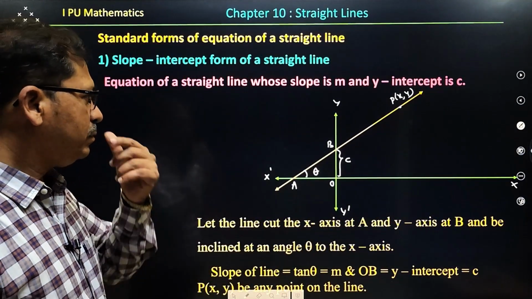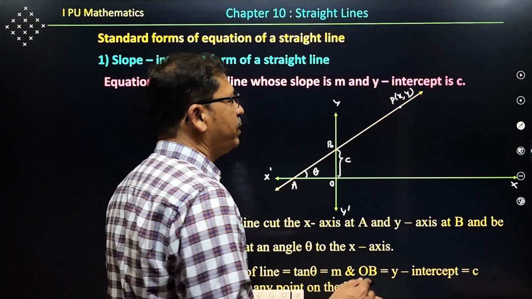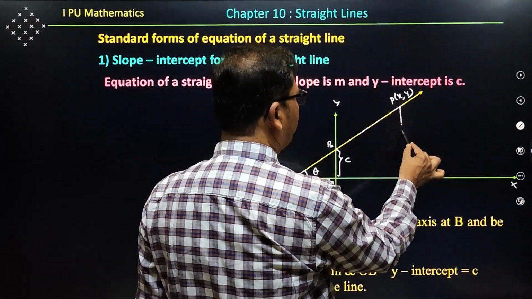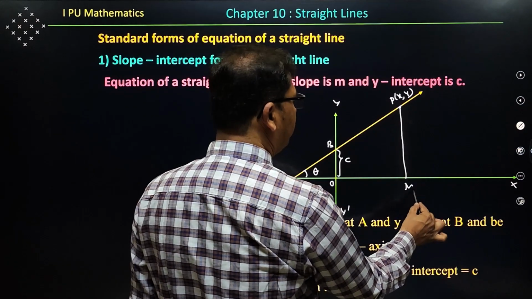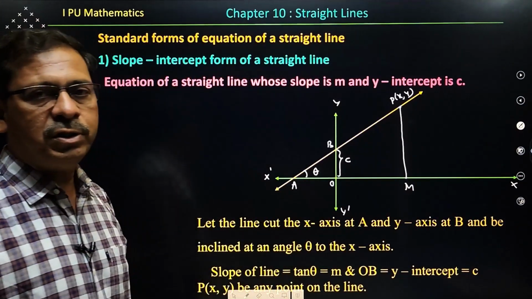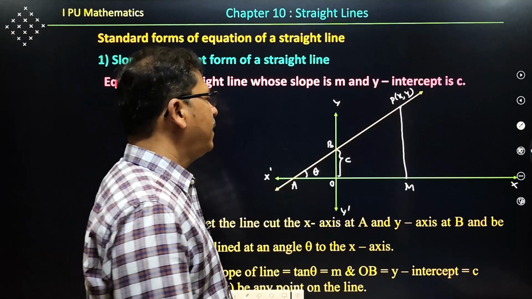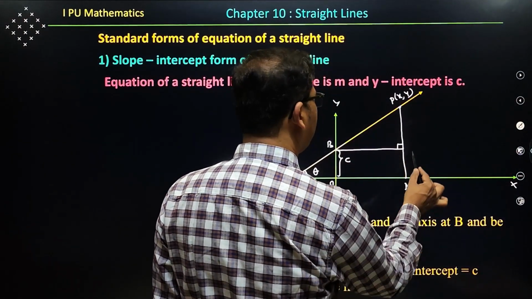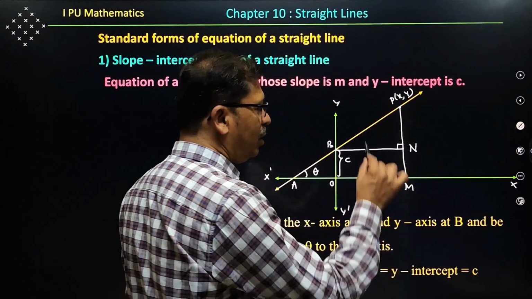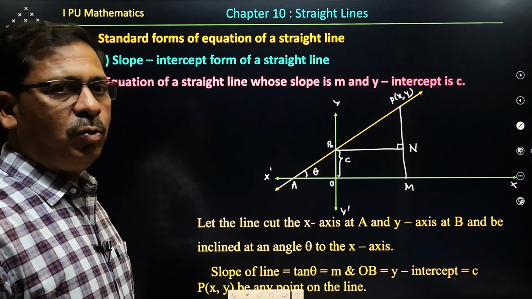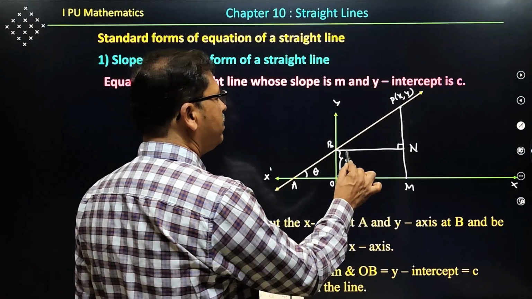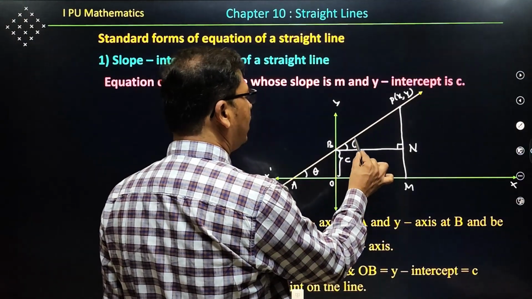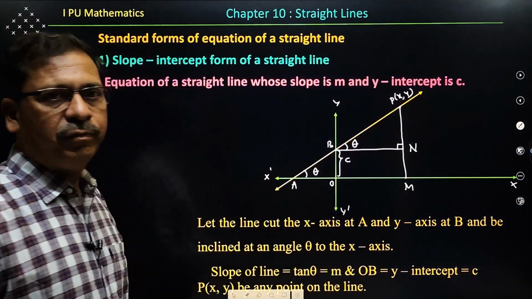Now observe, some calculations we need to do. Let me draw a perpendicular, say PM, which is perpendicular to which axis? X-axis. And then I would like to draw a perpendicular BN, which is perpendicular to PM. Now by geometry, this angle is again theta.